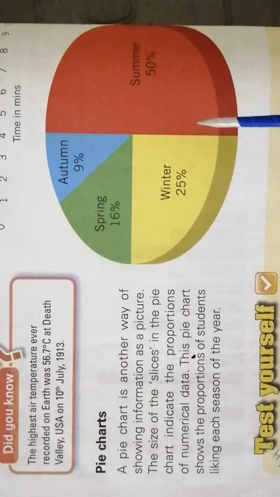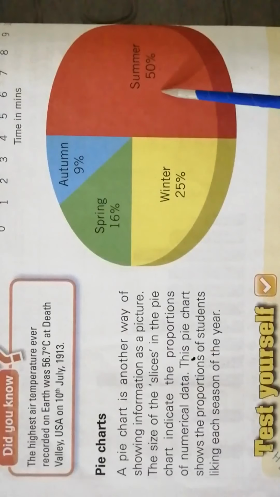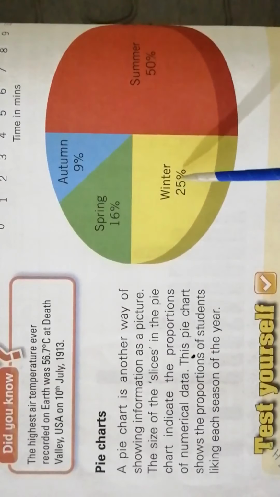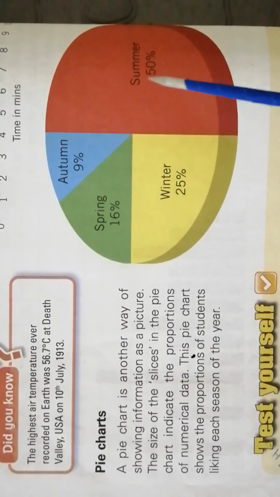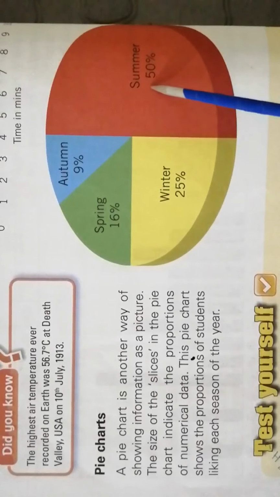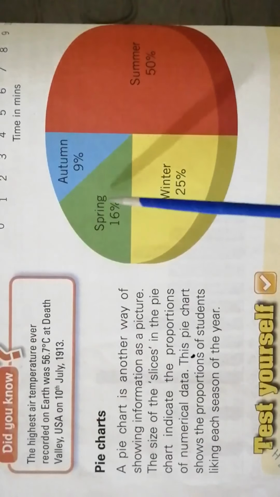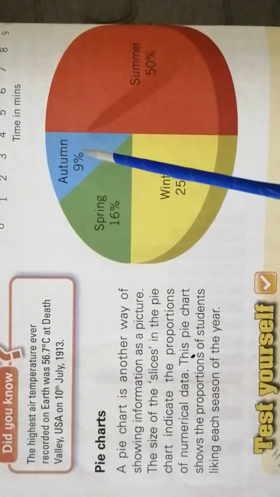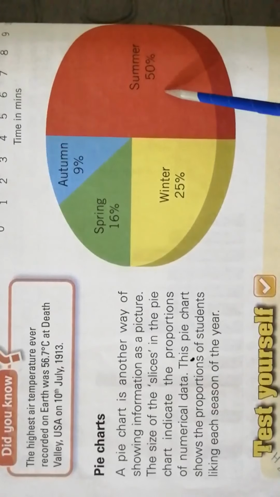So the information you can see in this pie chart, we have divided into 4 seasons. First one is summer, then comes winter, spring, and last one is autumn. And these seasons are indicated by different colors. That is, red color is reserved for summer, yellow for winter, green for spring, and blue for autumn. Some percentages are also mentioned here.